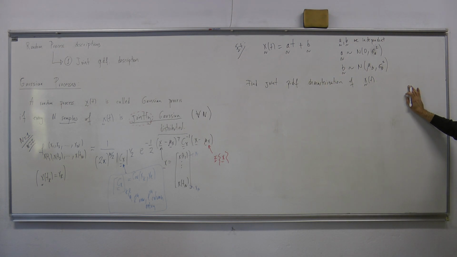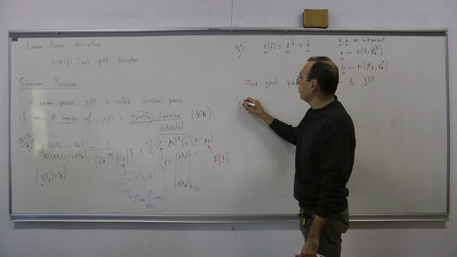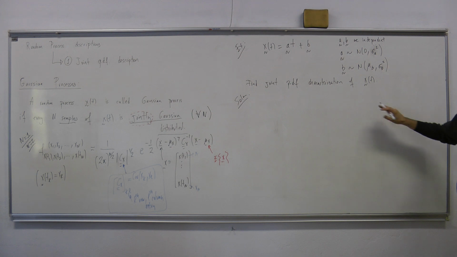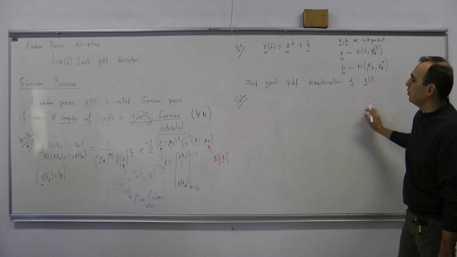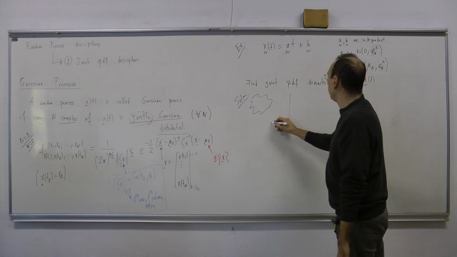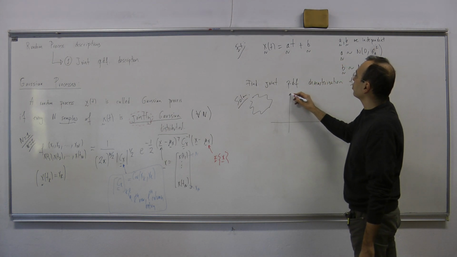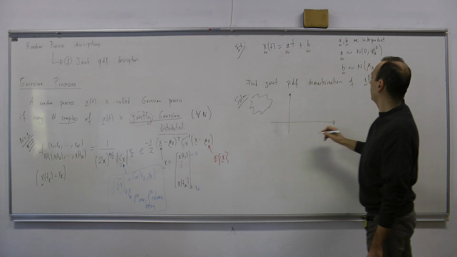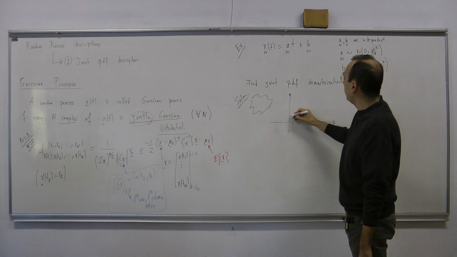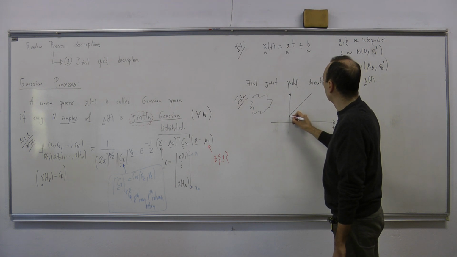So let's write the solution, but before writing the solution, please always do this. Try to understand this process. So what kind of process is this? There's a sample space. From this sample space, I'm constructing lines. Am I right? This is a straight line. So process variable is t. So maybe I have a straight line like that.